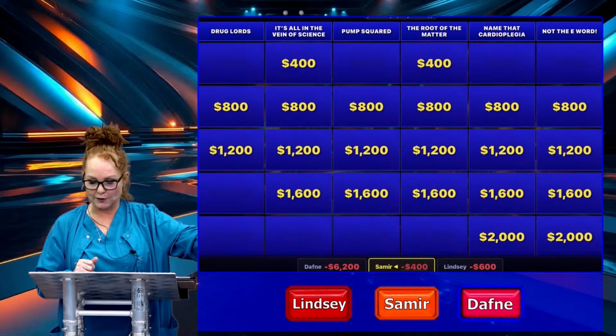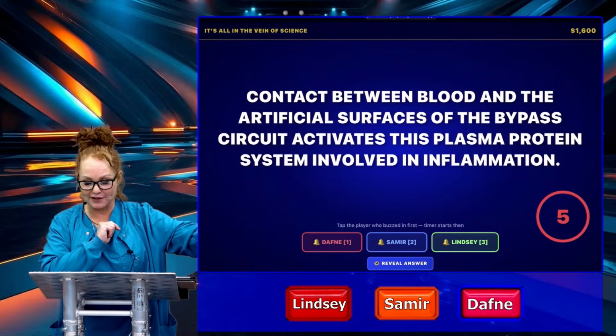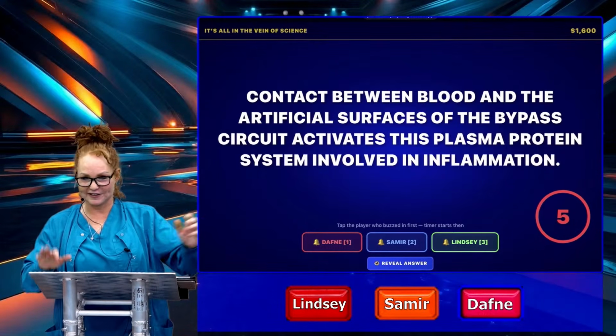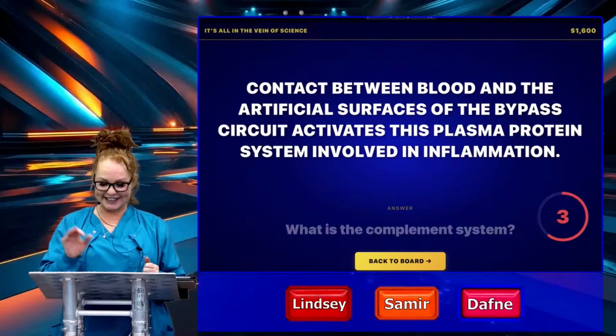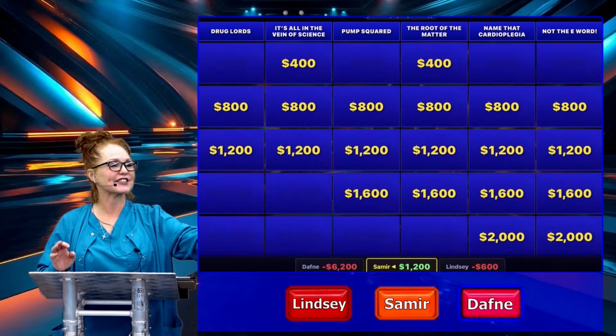Samir, it's all in the vein of science for 1600. Contact between blood and artificial surfaces of the bypass circuit activates this plasma protein system involved in inflammation. Samir, what is complement? Yes, which then activates neutrophils. That is correct.